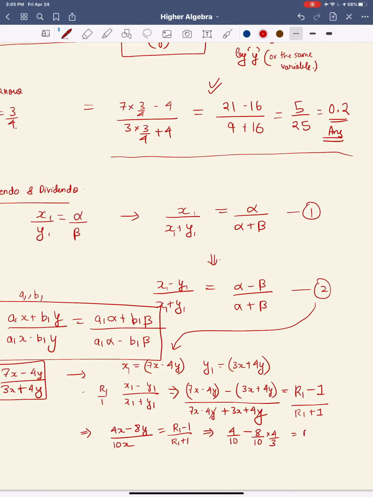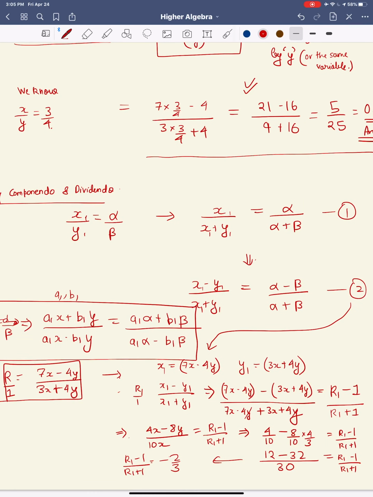So this becomes r1 minus 1 over r1 plus 1, and so we can take the LCM and we get 12 minus 32 over 30 equals r1 minus 1 over r1 plus 1, and we get minus 2 over 3 equals r1 minus 1 over r1 plus 1.